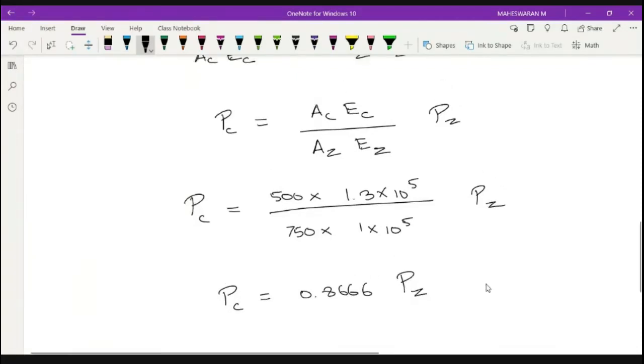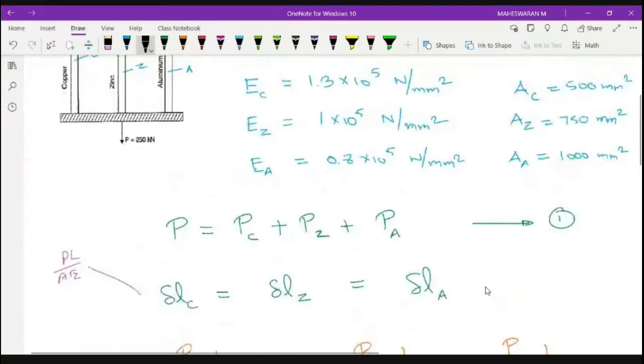My aim is to convert everything in terms of one data. I have PZ and PA in my formula, so I'm going to convert everything as PC.